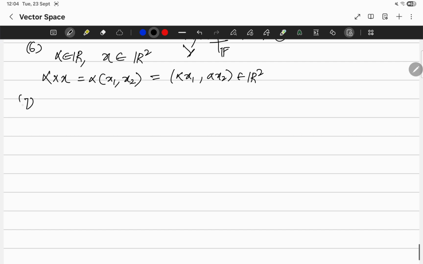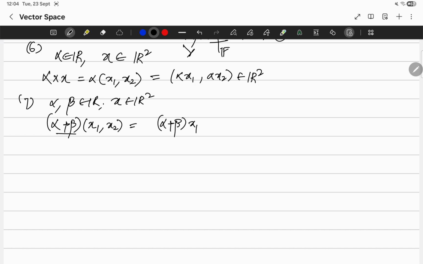Seventh property: take two elements alpha and beta, two real numbers, and x any element in R2. Then (alpha plus beta) times (x1, x2) will be equal to ((alpha plus beta) times x1, (alpha plus beta) times x2), because the sum of two real numbers is a real number, so it multiplies with each of the coordinates.